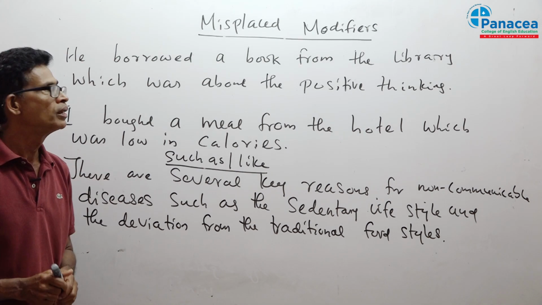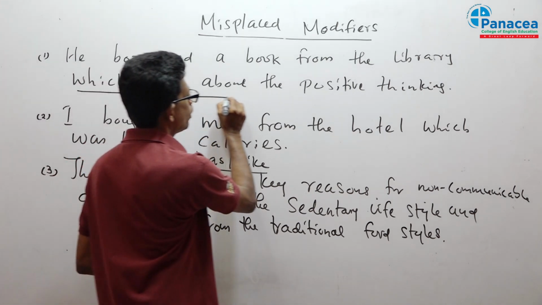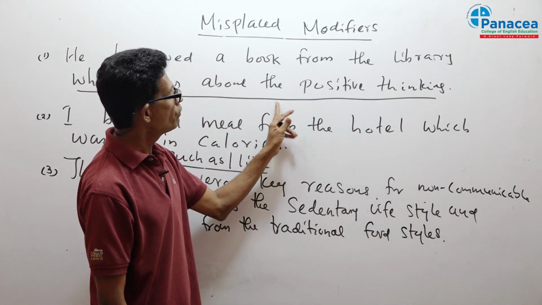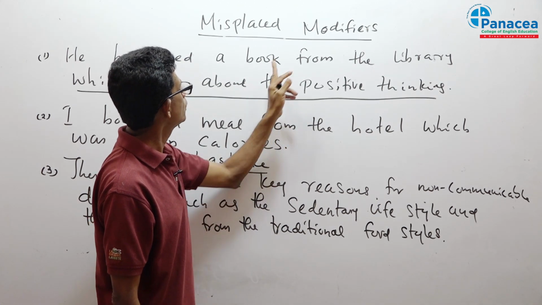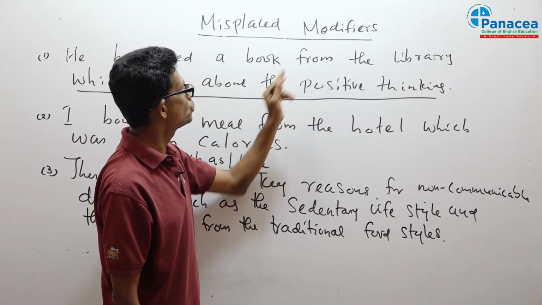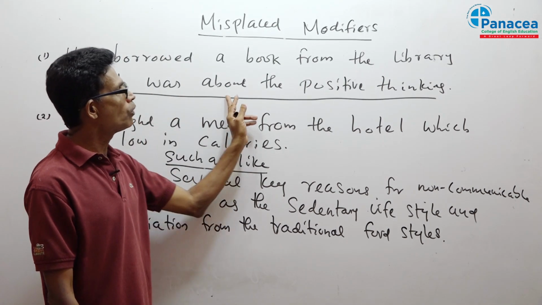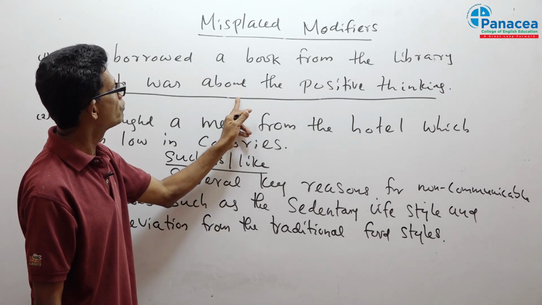So what is which was about the positive thinking? Are we referring to the library, or are we referring to the book? Which is about the positive thinking, actually we refer to the book.